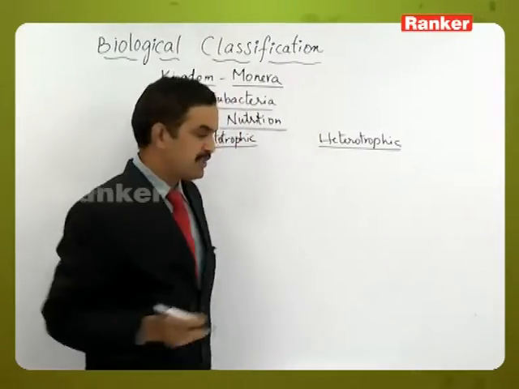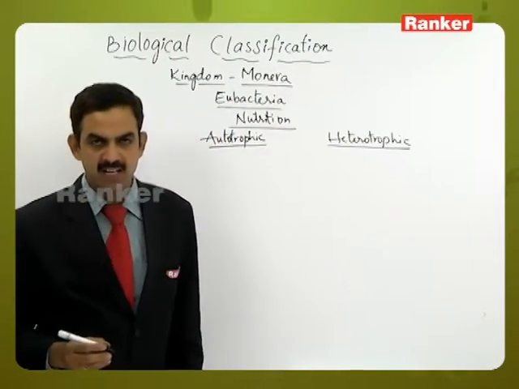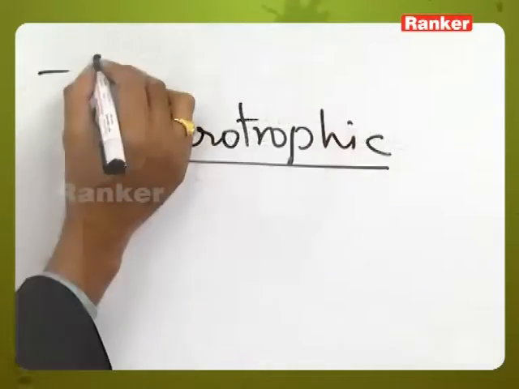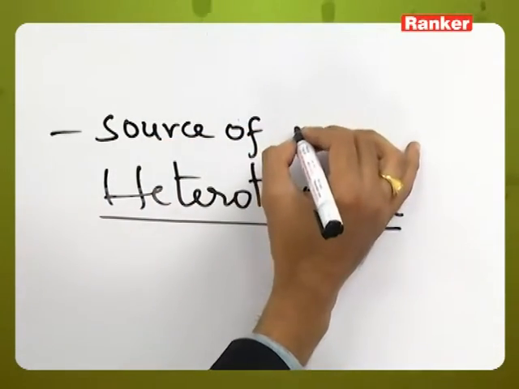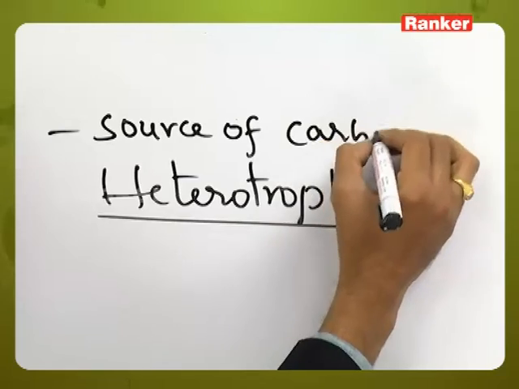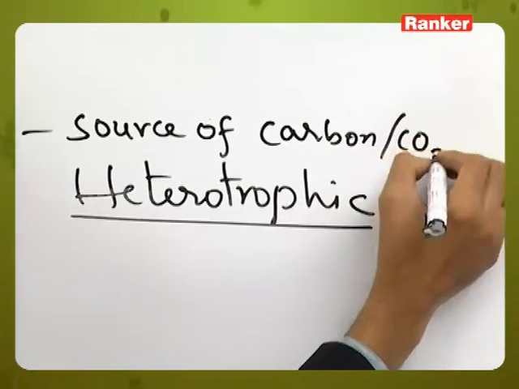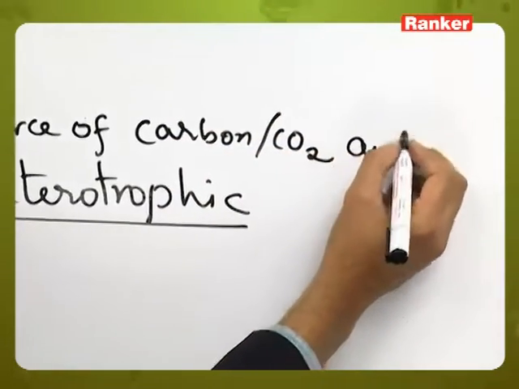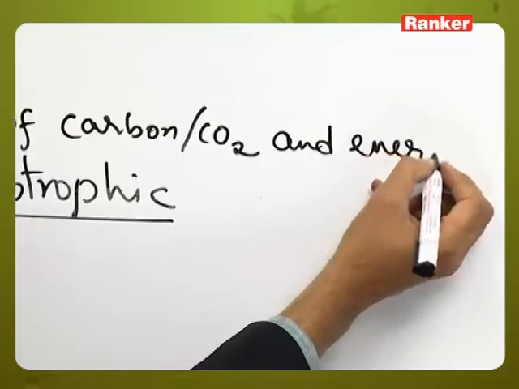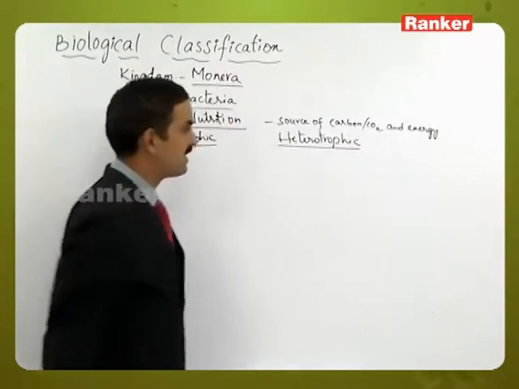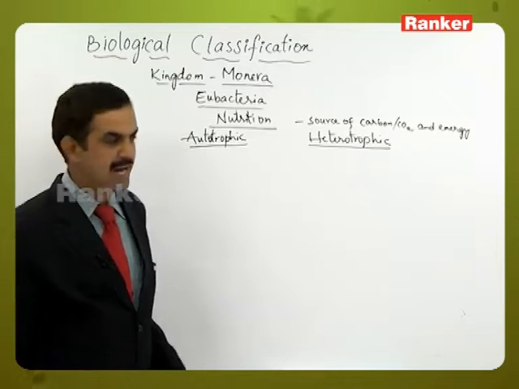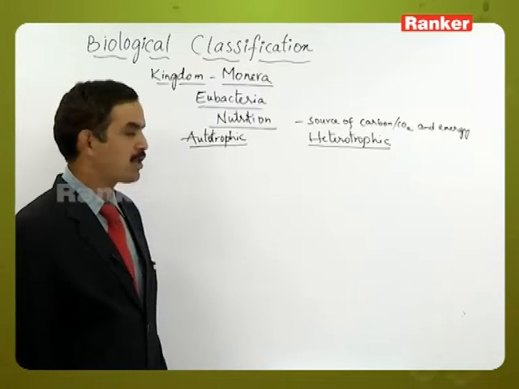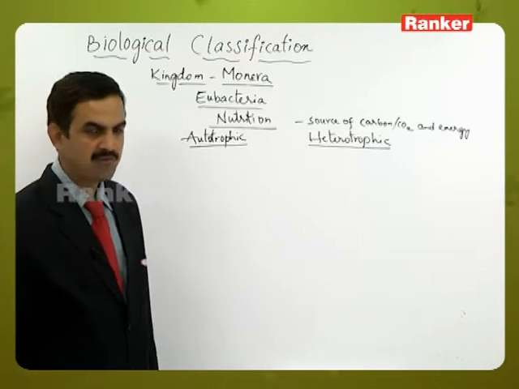Here the nutrition is divided into two types in bacteria based on the source of carbon, that is carbon dioxide, and the source of energy. That means from where they are getting the carbon dioxide and from where they are getting the energy. Based on that, they are divided into autotrophic and heterotrophic types of nutrition.